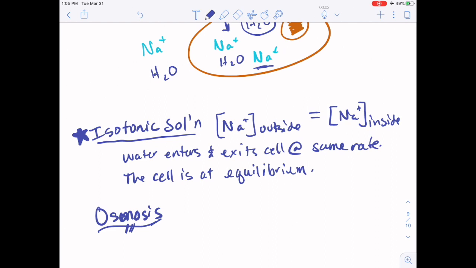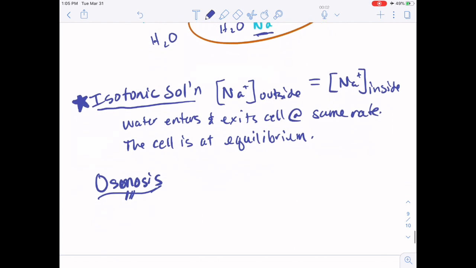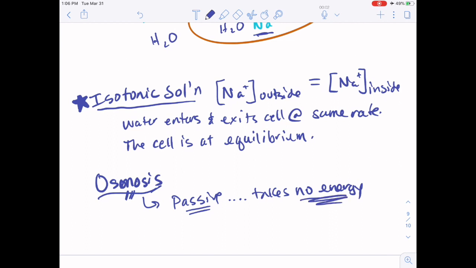All right. And I want to point out, too, that osmosis is still passive movement across the membrane. In other words, it takes no energy for water to do that. No energy is required for diffusion or osmosis.